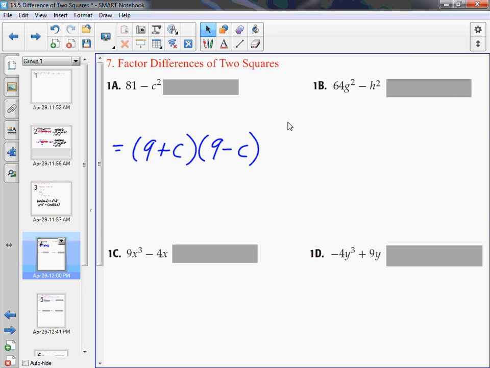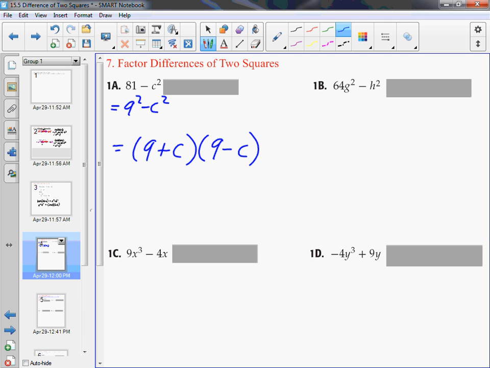If that's giving you trouble, rewrite that 81 as 9 squared, and it's a little easier to see, isn't it? Now you see the a and the b written in the problem. Okay? You with me on that one?